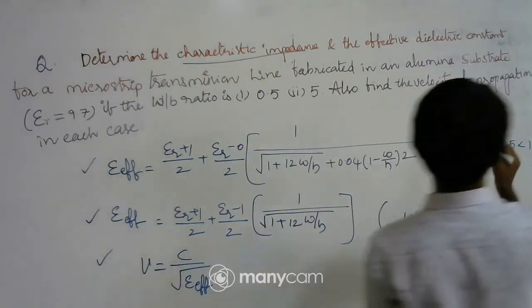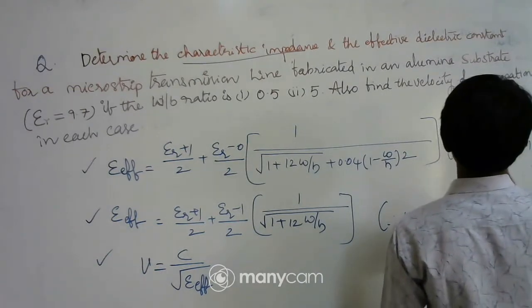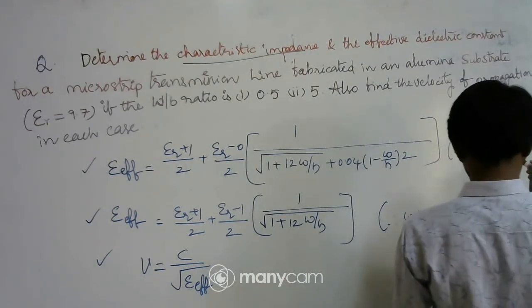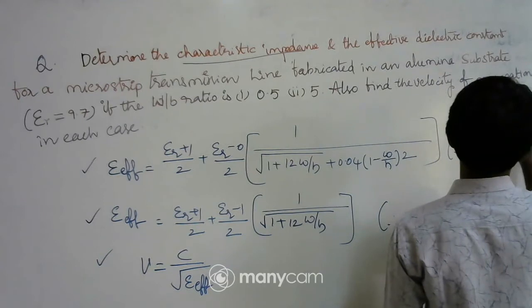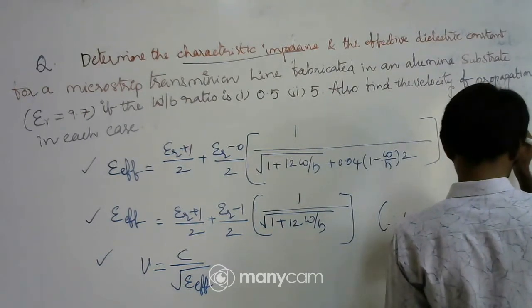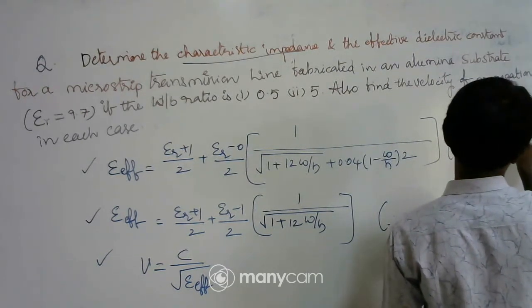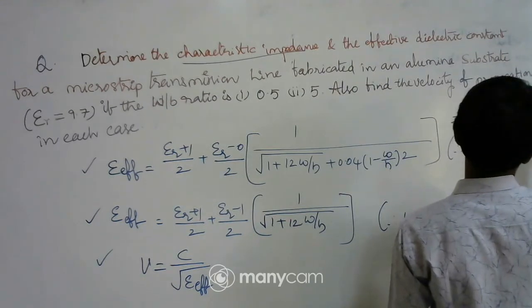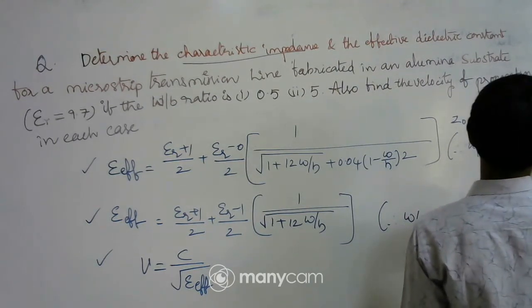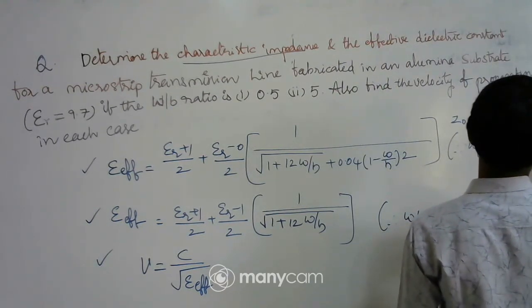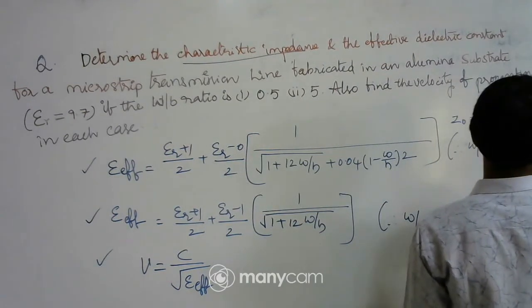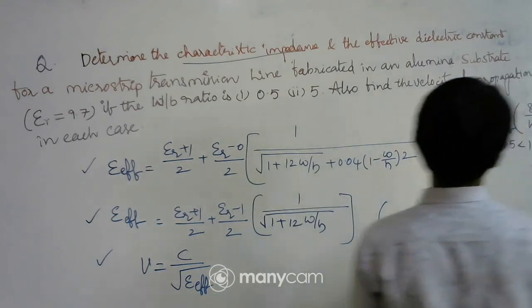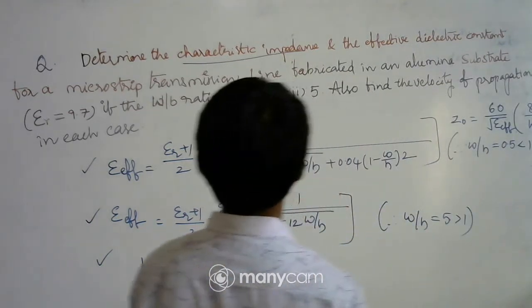For this, first you write down the Z0 value: Z0 is equals to 60 divided by square root epsilon effective into 8h divided by W plus W divided by 4h, for W by H equals 0.5.